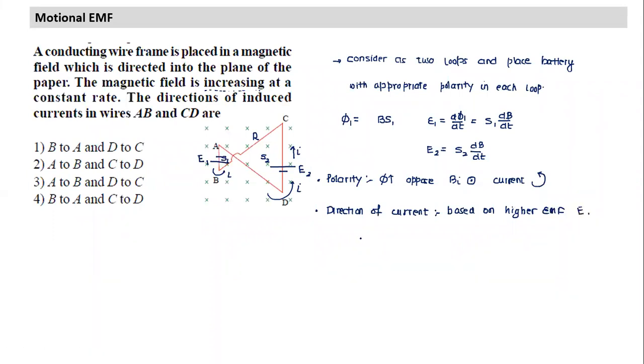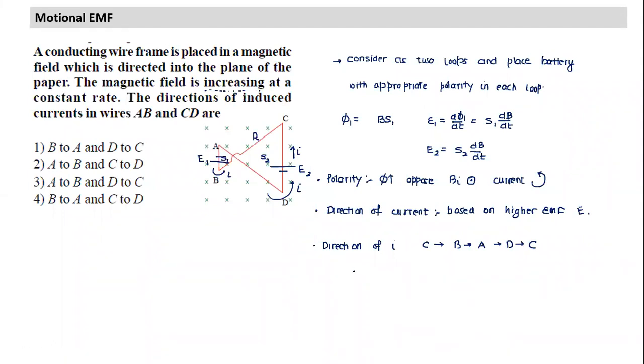So how will the current flow? Let me write the direction. What is the direction of I? The direction of I will be from C to B to A to D to C. That's the direction in which the current will flow. Now we can answer this question.